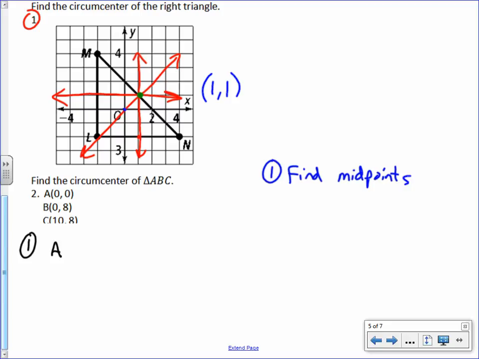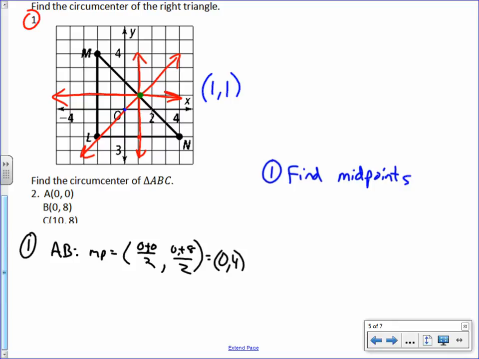So AB, the midpoint would be the average of 0 and 0, the two x's, divided by 2, and the two y's, divided by 2. It's going to be 0, 4.